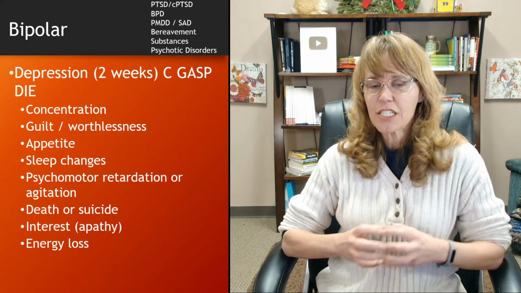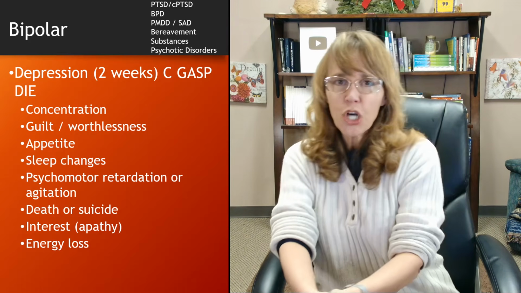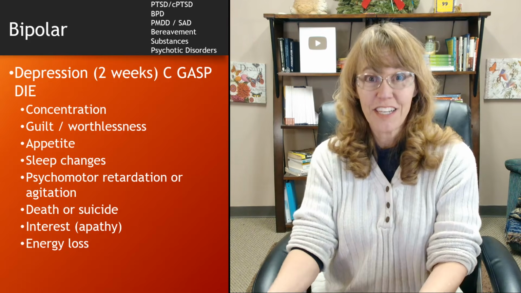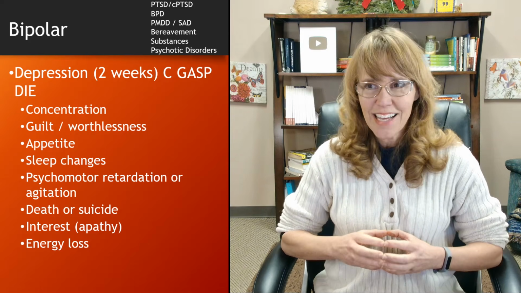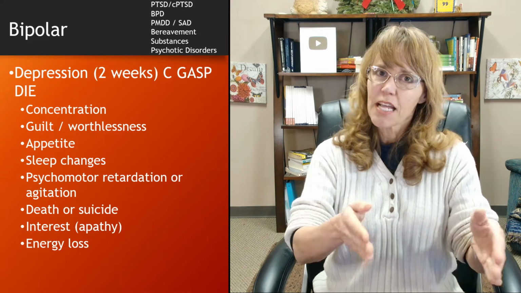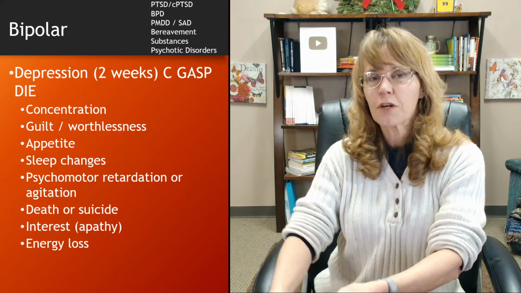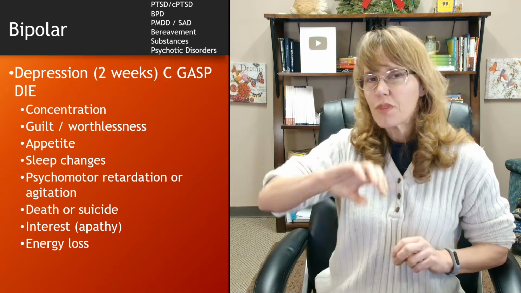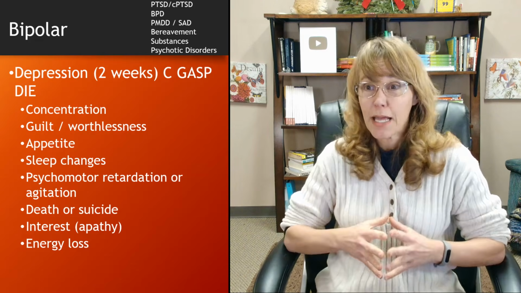Again, that is depression as a result of an identifiable trigger. If they don't have symptoms other than during seasonal affective disorder, then we definitely want to look at that diagnosis. Additionally, just like premenstrual dysphoric disorder, seasonal affective disorder is a unipolar diagnosis. So they will not have a history of hypomania or manic episodes.